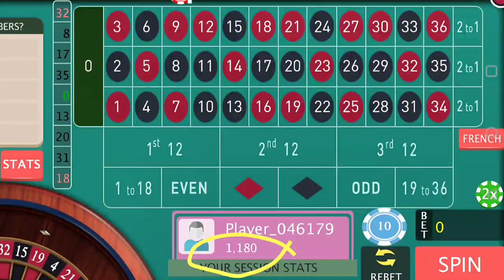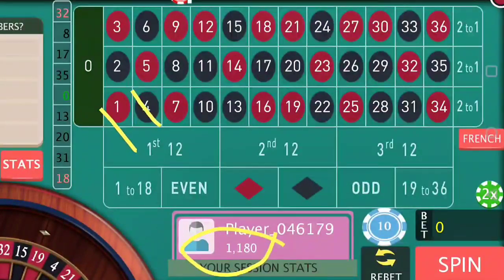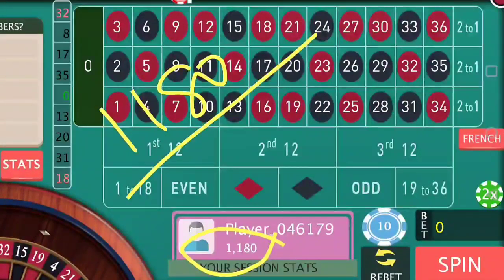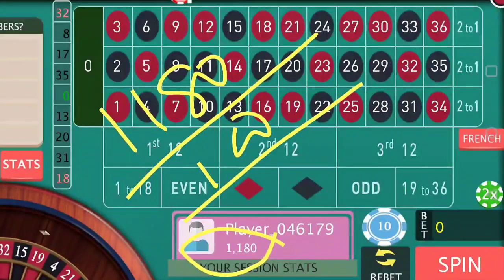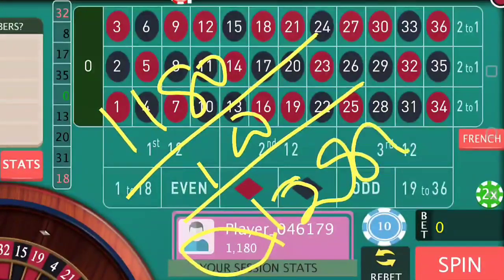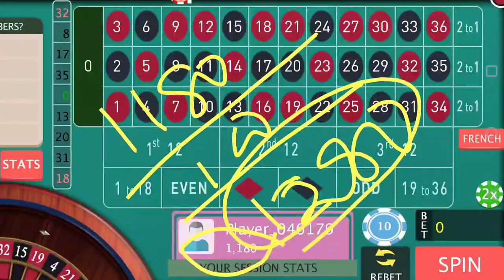So let's try another time for another $100. This time I have a bankroll of 1,180. So another $100 means we have to play until we reach 1,280 as our bankroll.